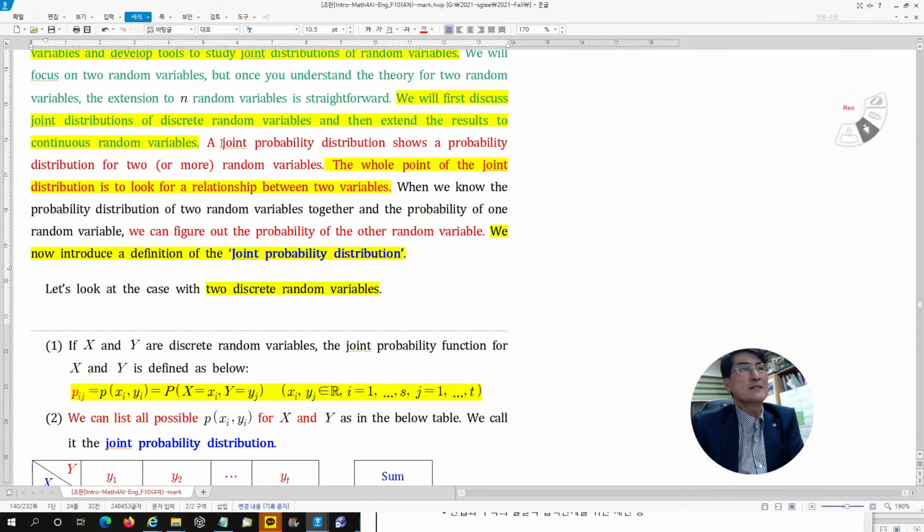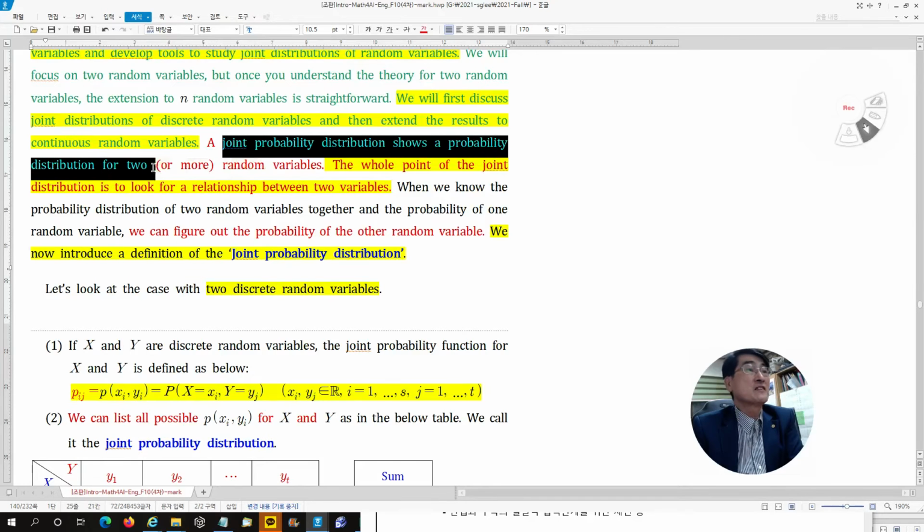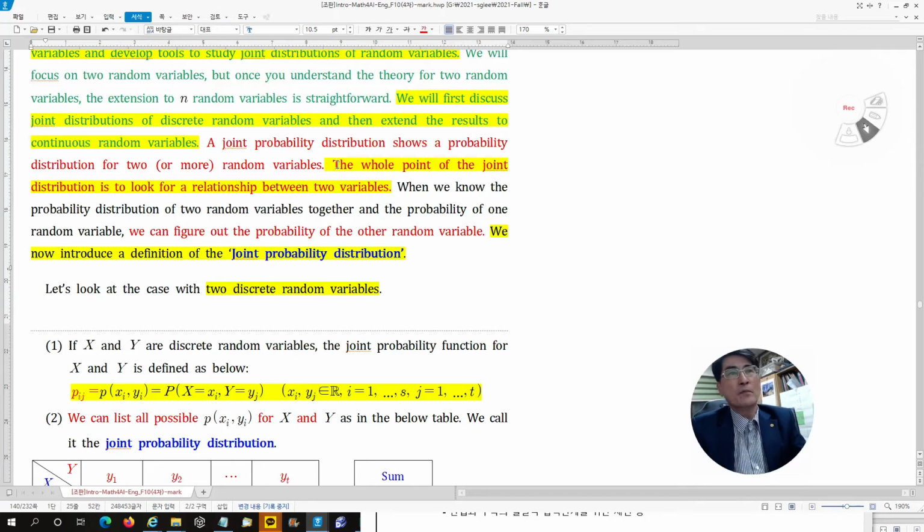The joint probability distribution shows a probability distribution for two or more random variables. The whole point of the joint distribution is to look for a relationship between two variables.